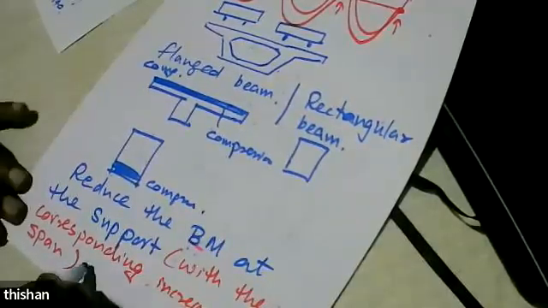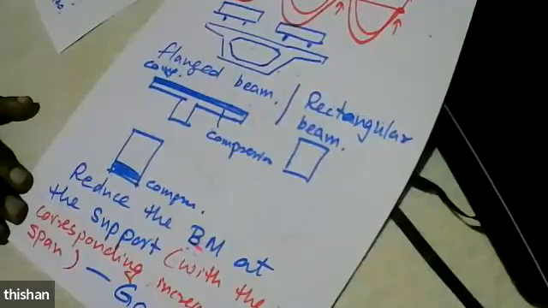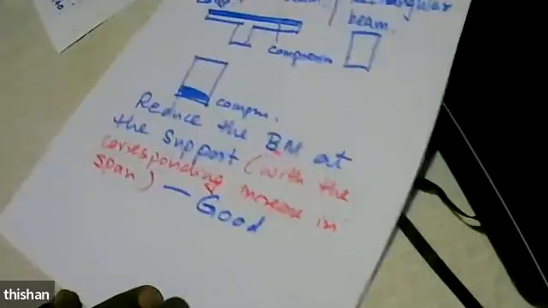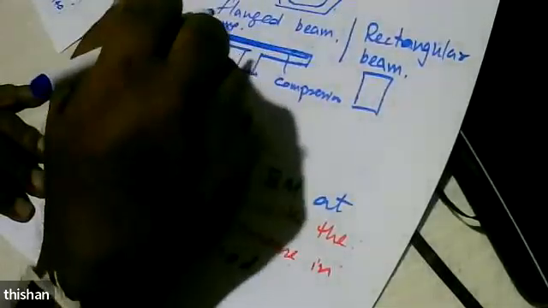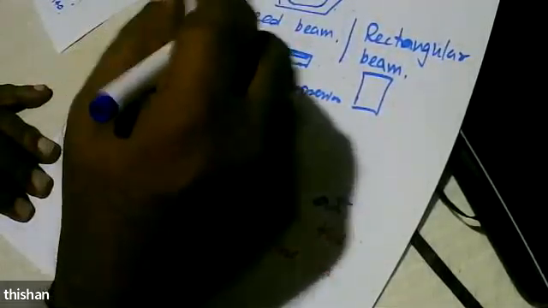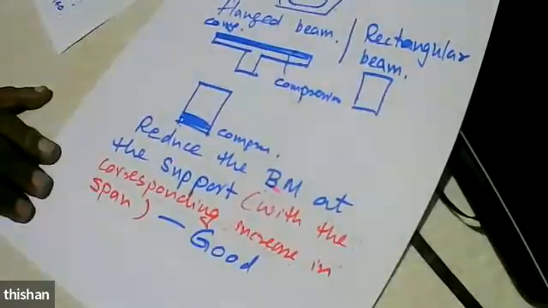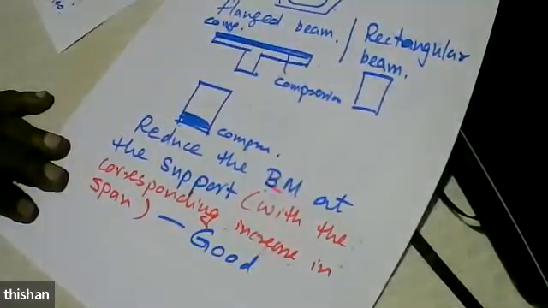Is it good or bad? Yes, it is good. Why? Because this section is very good in carrying sagging moments, not very good in carrying hogging moments. Now what are we doing? We are reducing the moment at the support and increasing it in the span, and that is exactly what we would like to have.